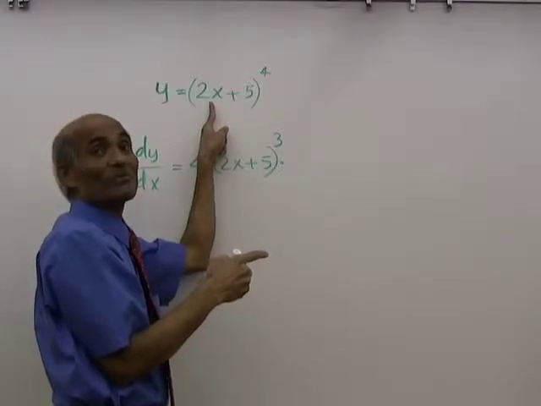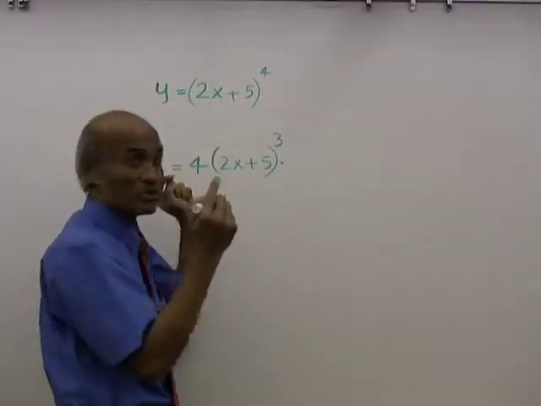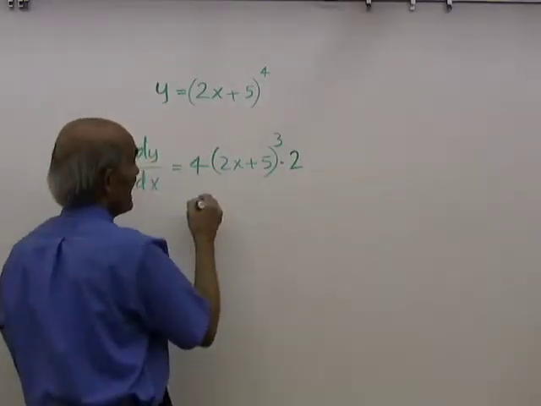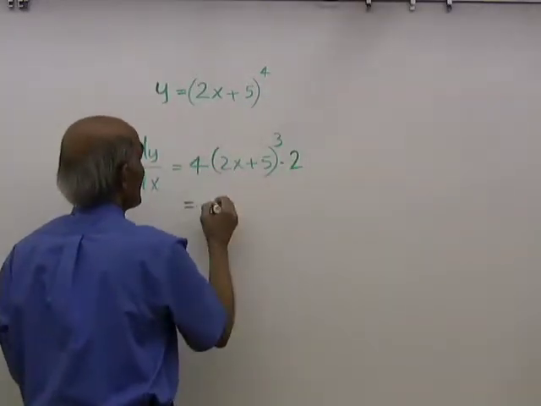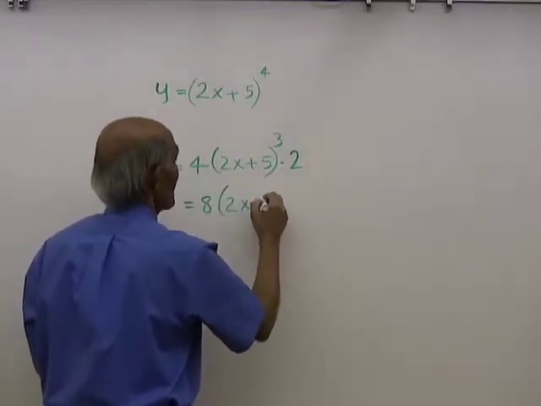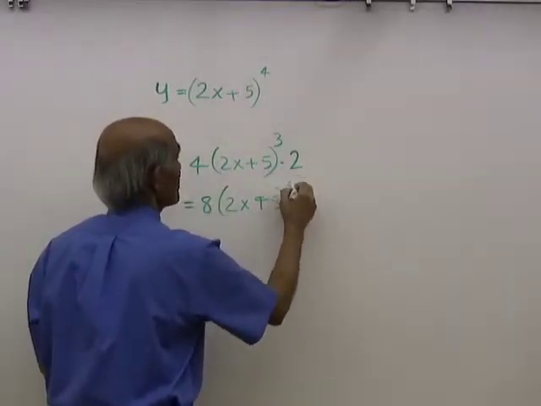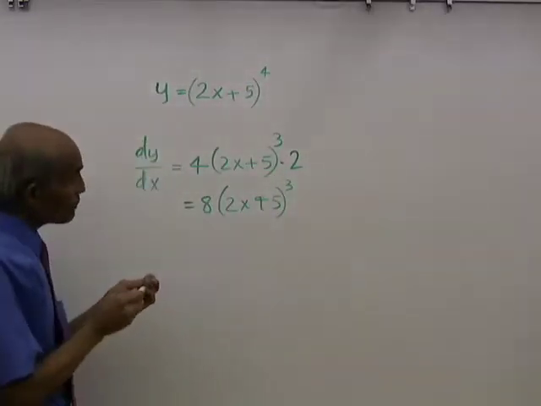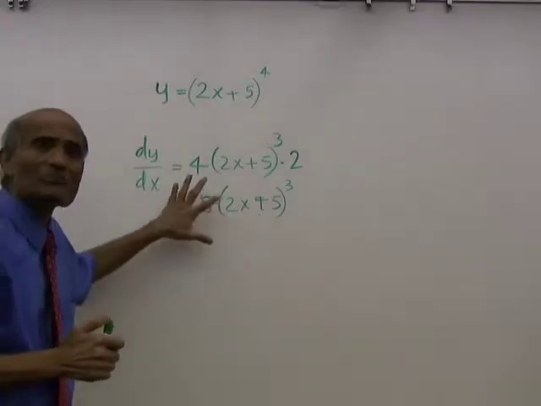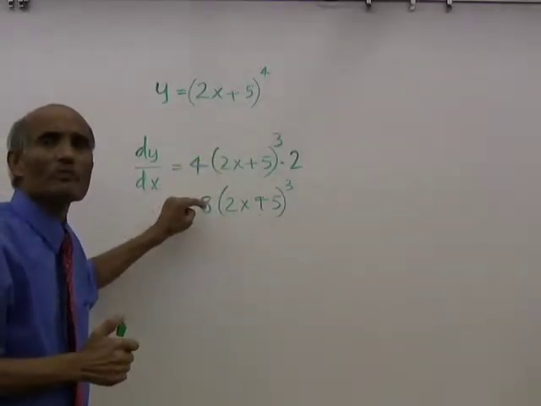The derivative of 2x plus 5 is 2. So multiply that by 2. Now look at that. That would be 2 times 4, 8 times 2x plus 5 raised to the power of 3. So you can see a lot of writing we had earlier has been reduced to these 2 steps.